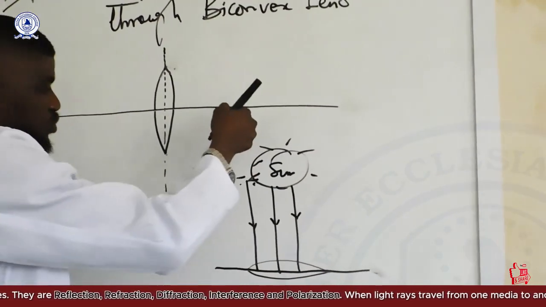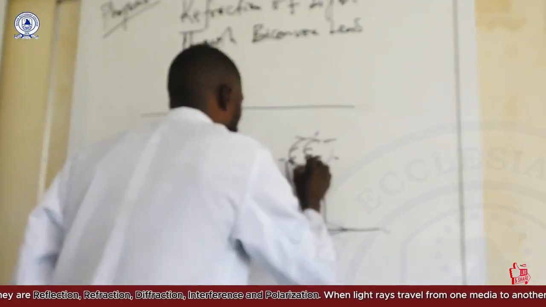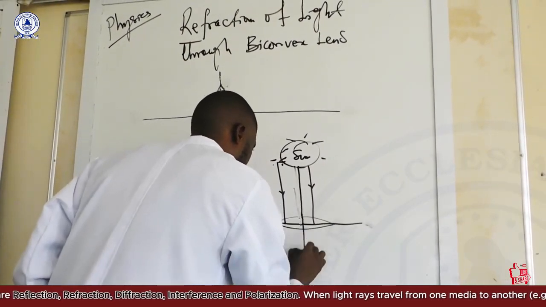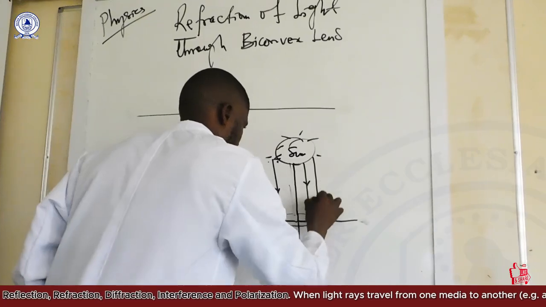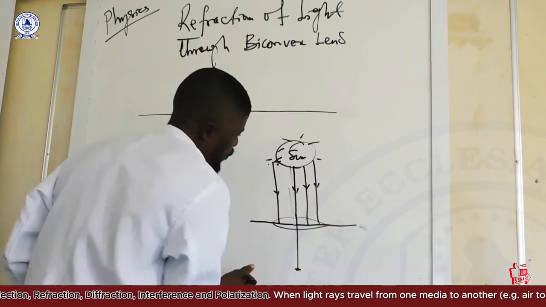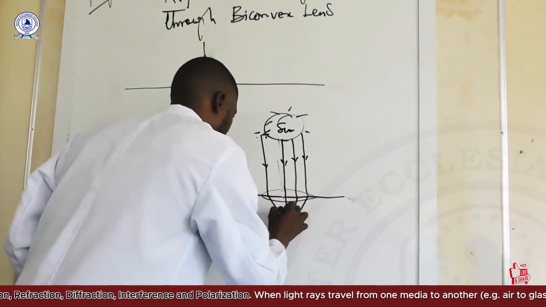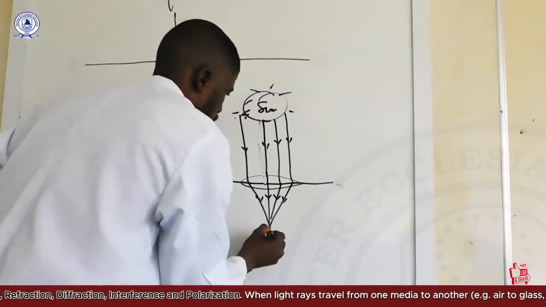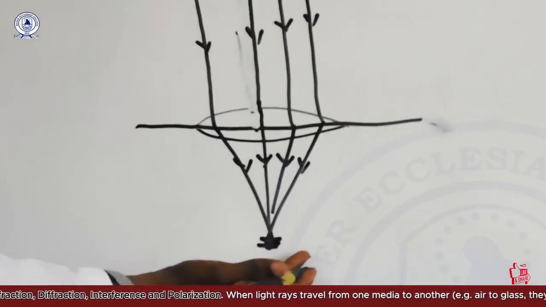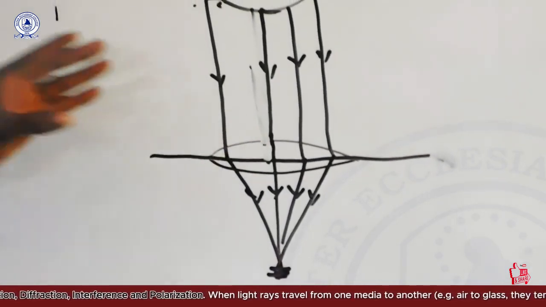If the ray passes through the center of the lens, the rays will refract through undeviated. And so this point of convergence, we call it the focal point. Whatever you place at this point will be set ablaze, or you can cook something at this point. But this is not properly drawn.